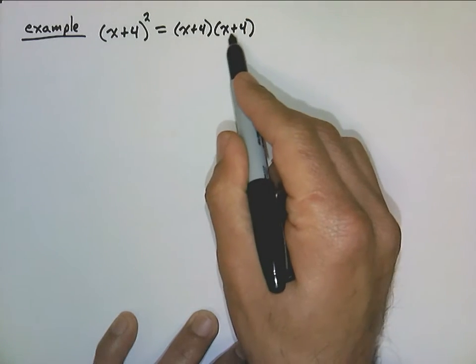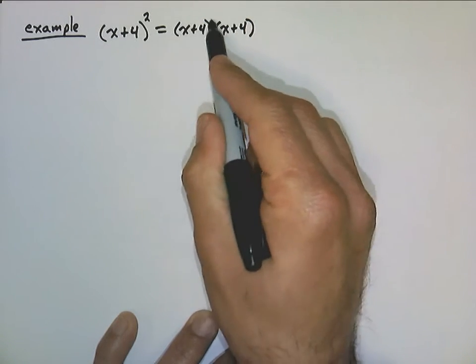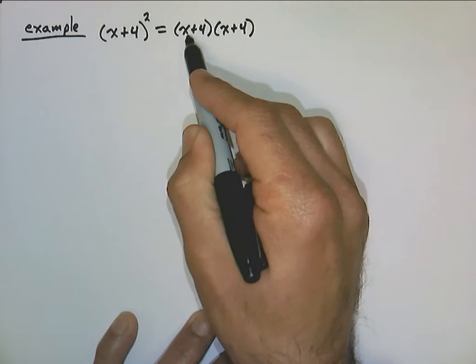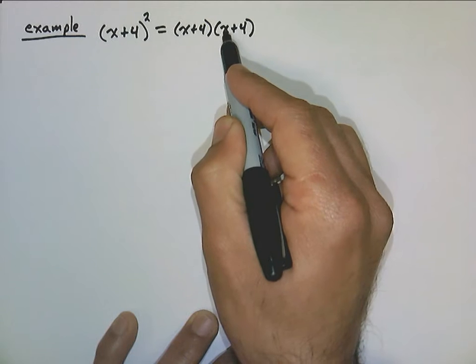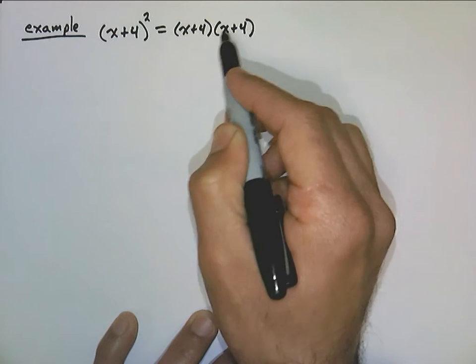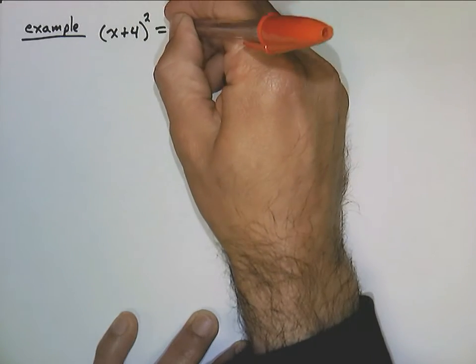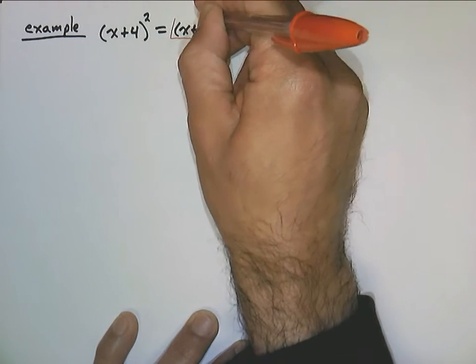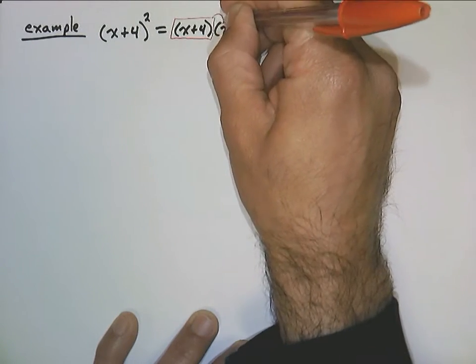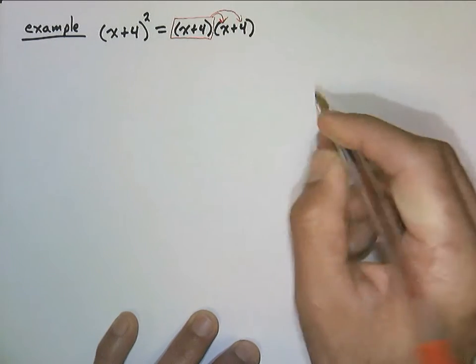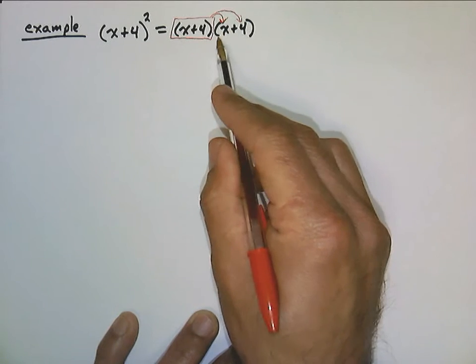Now we have a sum in here, and one whole factor right here. I'll put a whole box around this and say I'm going to distribute that entire factor of x plus 4 into these other parentheses over here.